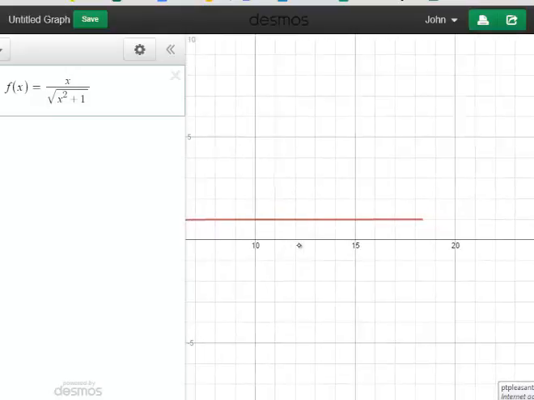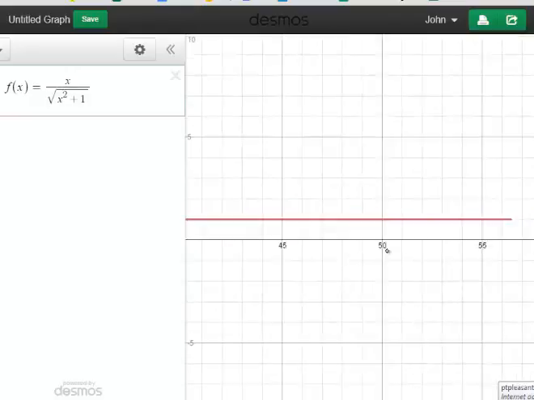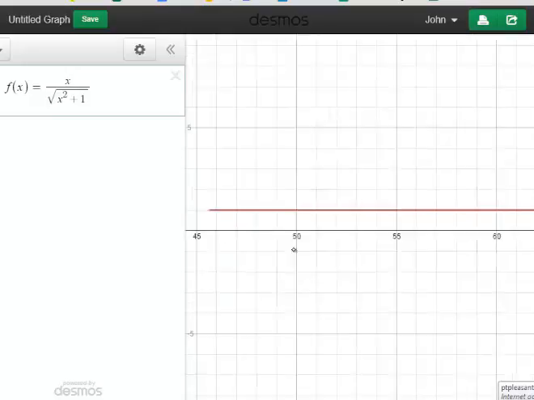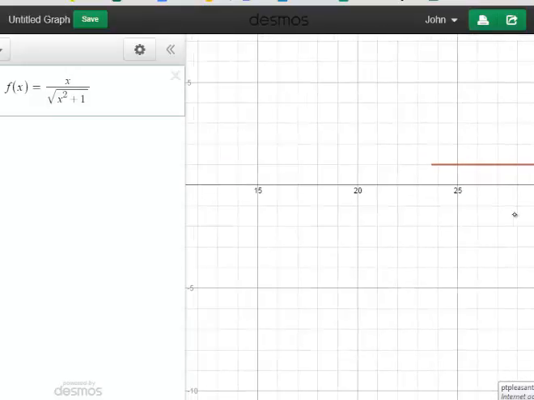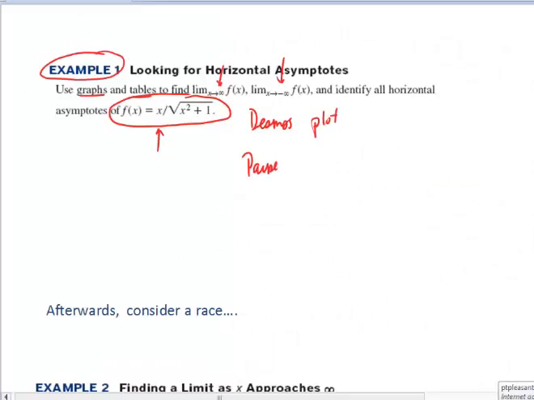If we keep pushing the graph further and further, at 30, 40, 50, the value of the function is only going to get to 1. It's not going to go above it. I should write down what that limit would be. So the limit as x goes to infinity of f of x is in fact equal to 1.